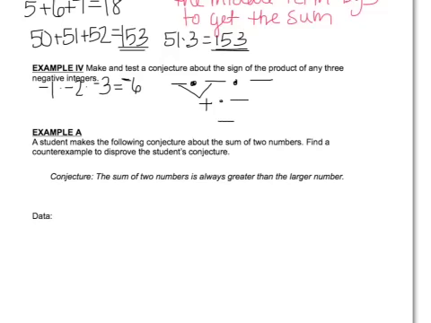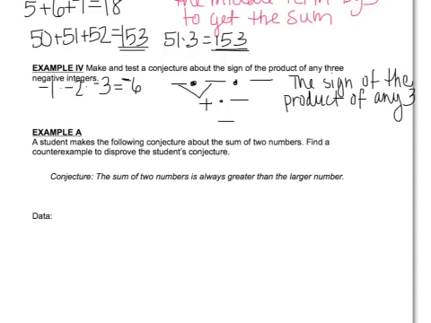So my conjecture is the sign of the product of any 3 negative integers will be negative. That's my conjecture right there.